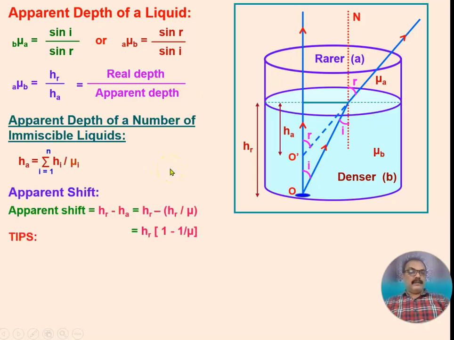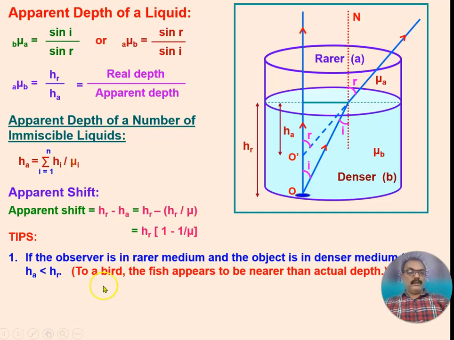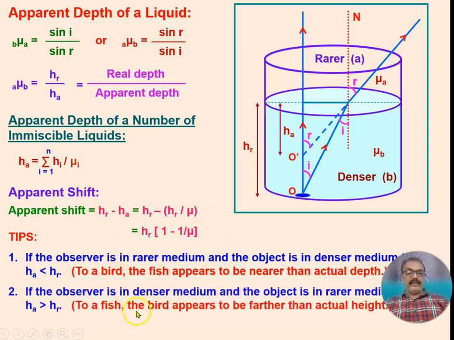Then one of the important tips over here is, if the observer is in the rarer medium and the object is in the denser medium, then HA is less than HR. HA means apparent depth, HR means real depth. The apparent depth is less. To a bird, for example, the fish appears to be nearer, but the actual position is a little deeper. That you can find out using this formula. So the second tip is very important.